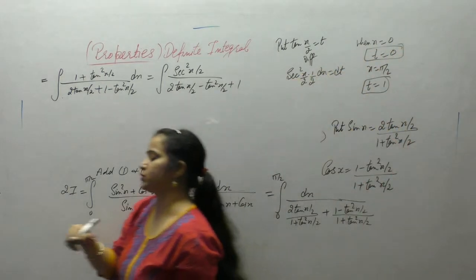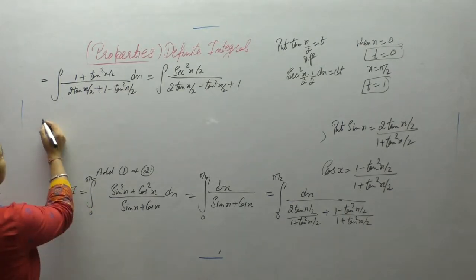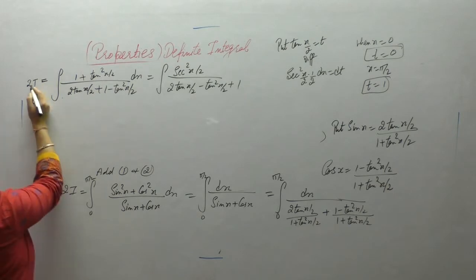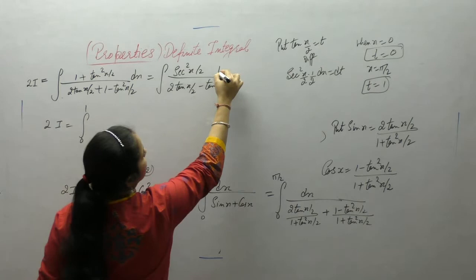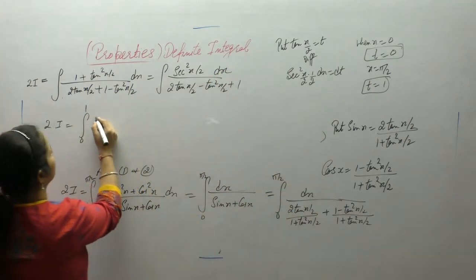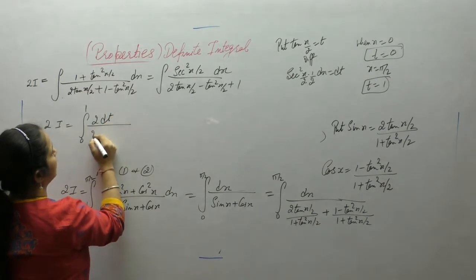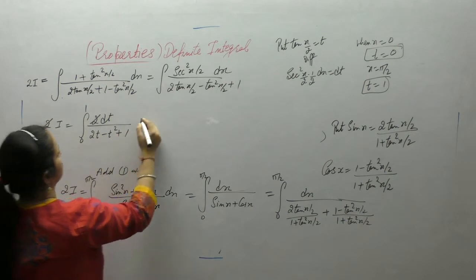So the limit goes from 0 to 1. I is equal to the integral from 0 to 1 of sec square x by 2 dx, which is 2 dt upon 2t minus t square plus 1.